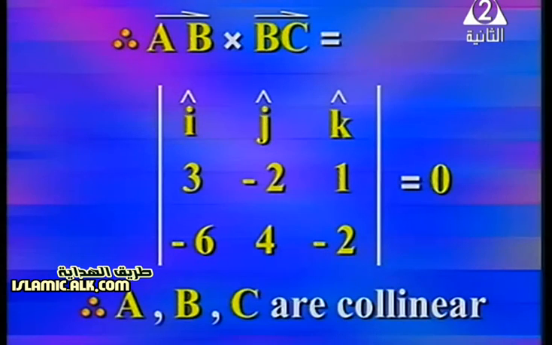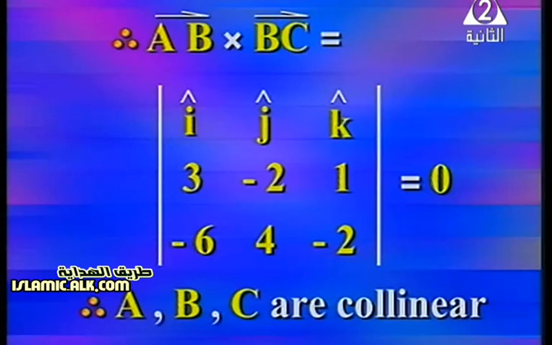Then A, B, C are collinear. Why? Dear student, why does this determinant equal 0? Look at the second row and third row. What is the relation between the second row and third row? Excellent, student.